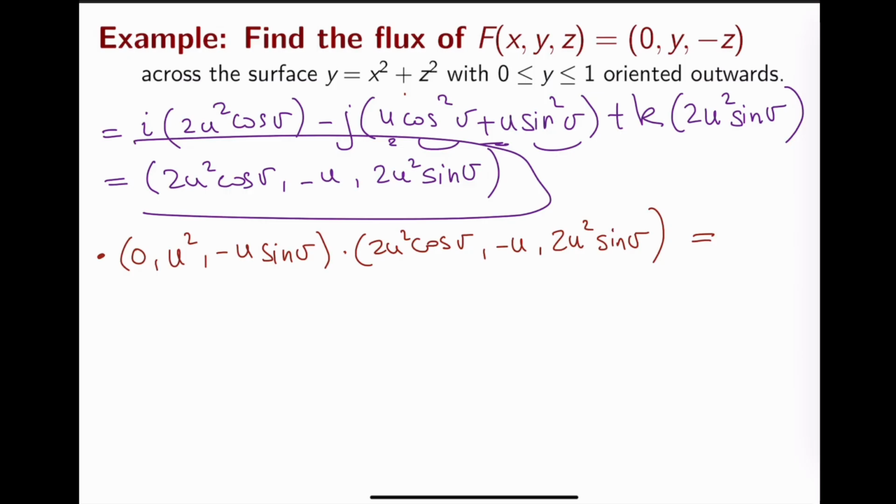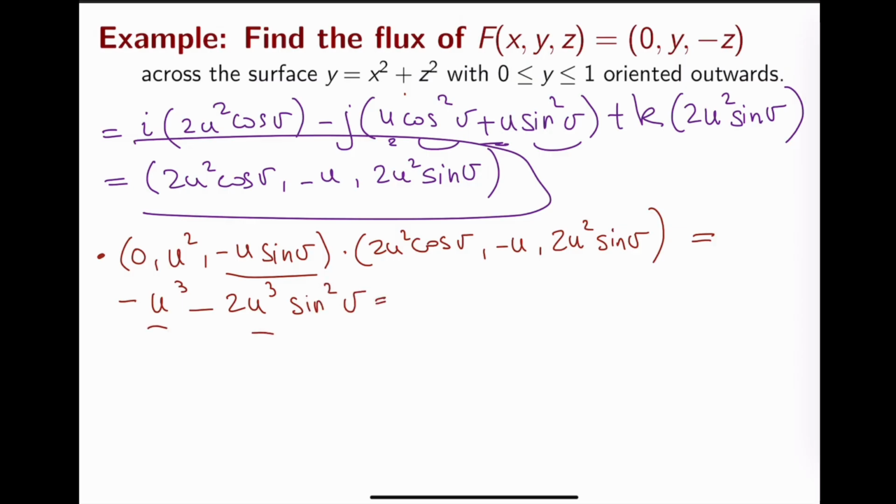So the dot product will be this times this, which is 0, plus this times this, which is minus u cubed, and this times this, which is minus 2u cubed sine square of v.